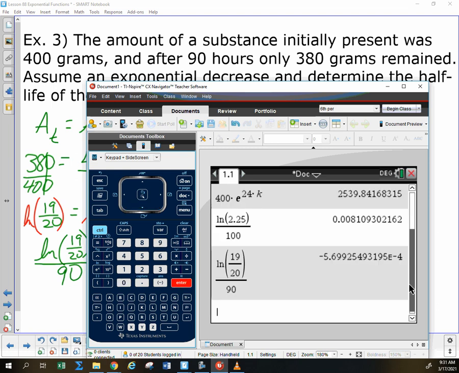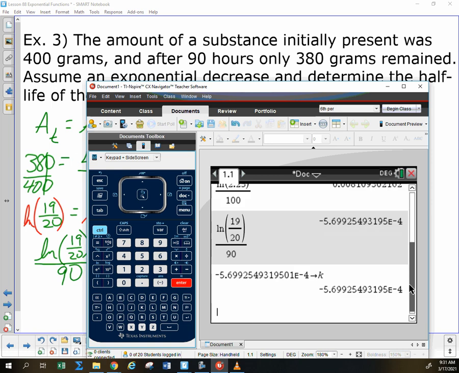And are you guys getting a negative like we would expect for exponential decay? And did you also get the negative 5.699? And then we store that as k once more. And we write down negative 5.699.